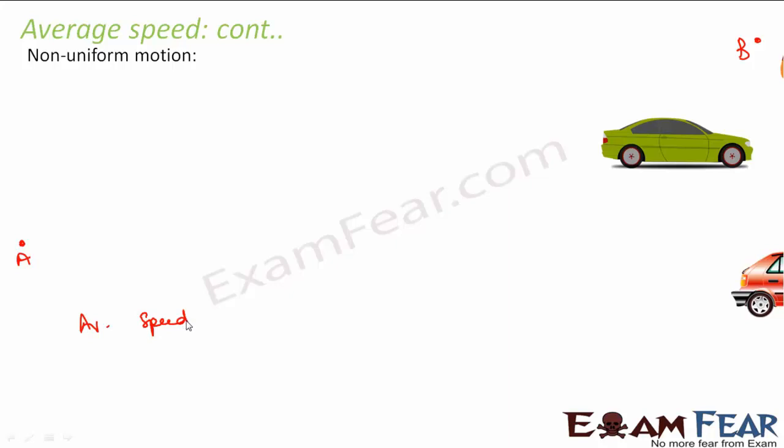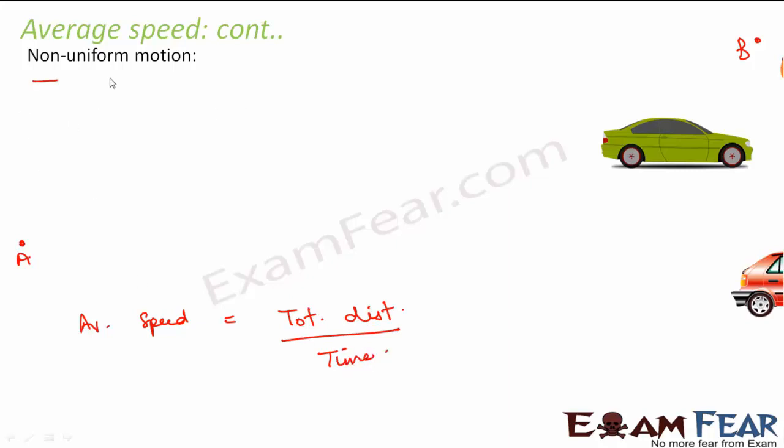Whenever we talk of average speed, we talk of the average speed for an entire journey. In that journey, maybe the speed was different at different points of time. So how would I calculate the average speed for the entire journey? The total distance covered divided by the total time taken.